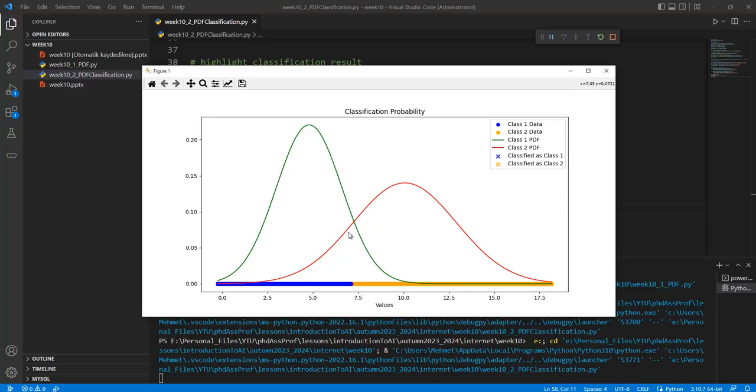But at the left hand side of these curves, probability 1 is greater than probability 2, and we can assign that to probability 1. For example, at 7.5, we may have probability 1 and probability 2. That is, class 1 and class 2 can be contained in this domain, but we don't know that.